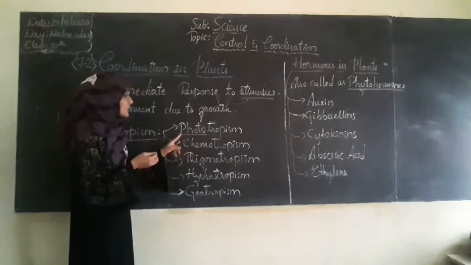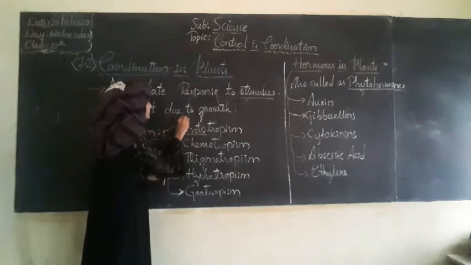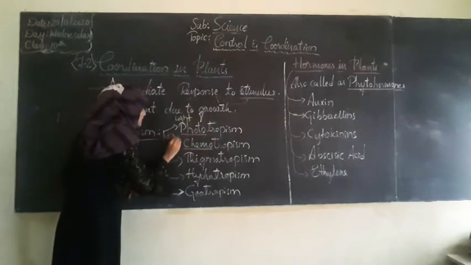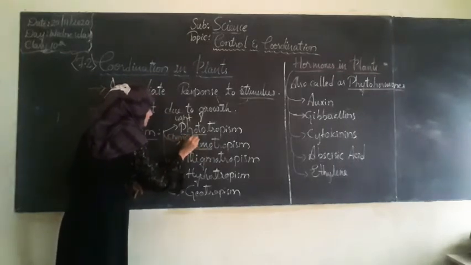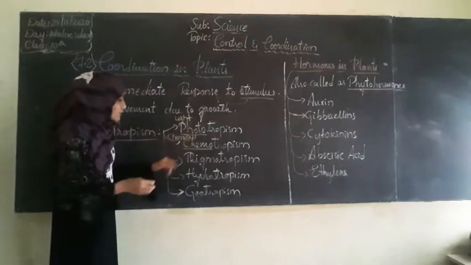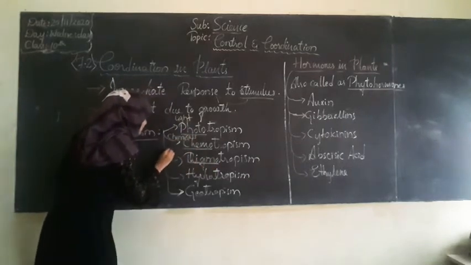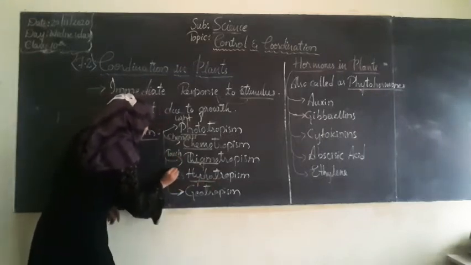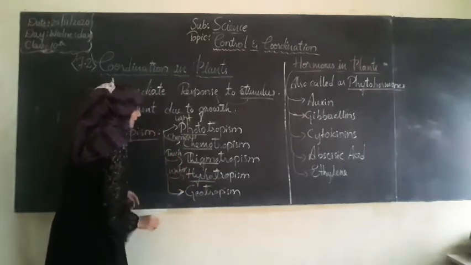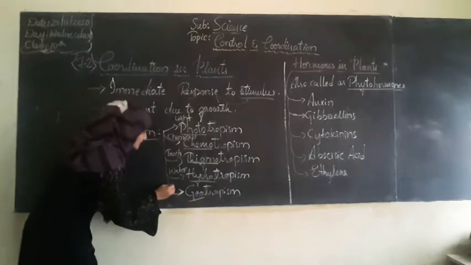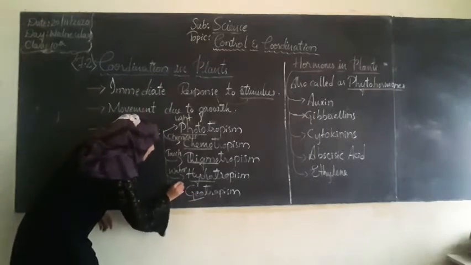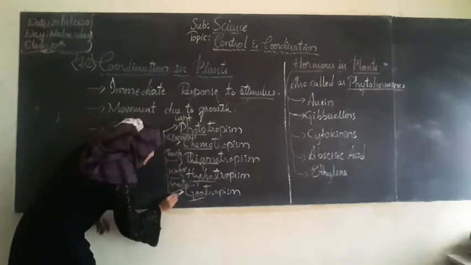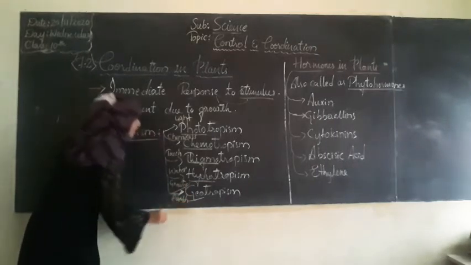Photo means light, chemo means chemicals, thigmo means touch, hydro means water, and lastly geo means gravity. Gravity is nothing but earth, so for geo we can take either gravity or earth.